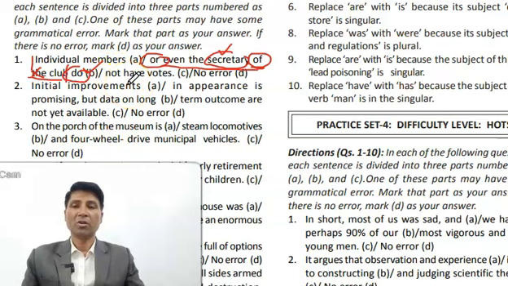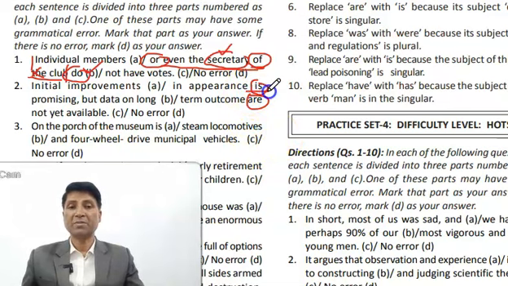Moving on to question number 2. Think about it. Initial improvements in appearance is promising, but data on long-term outcome are not yet available. Full stop, no error. Now, apply the same approach. Find the finite verb, 1 and 2. Find the subject.